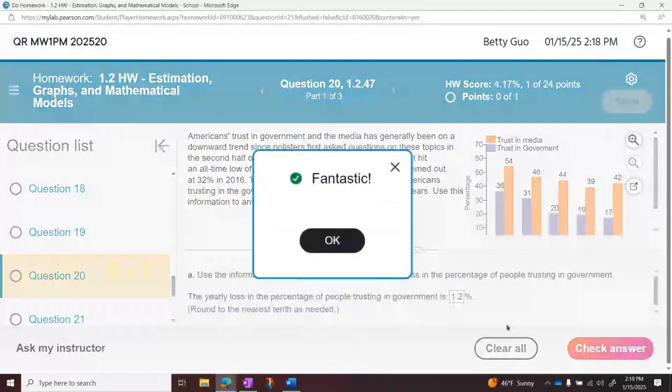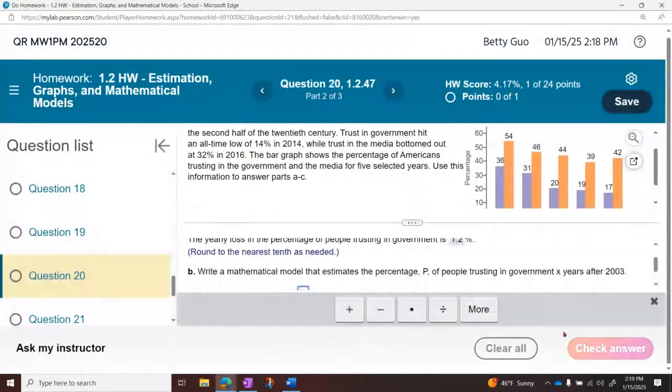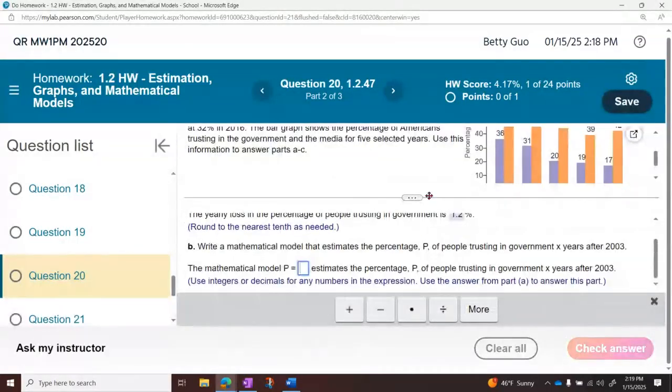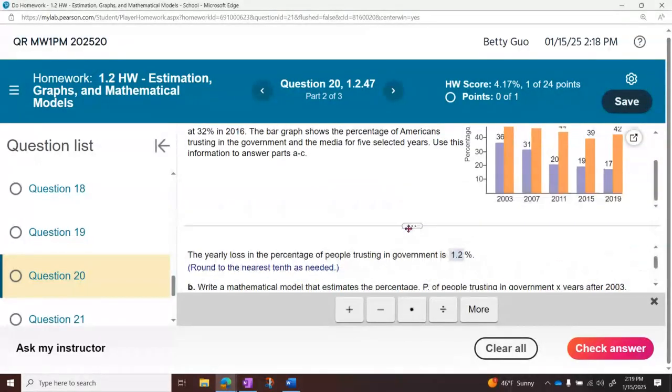Right, guys? And how do you find the model? Your slope here from part A is going to be negative. I mentioned this earlier, right? Because the line goes down, so the slope is negative. Negative 1.2 plus the percentage in the initial year, which is 36.